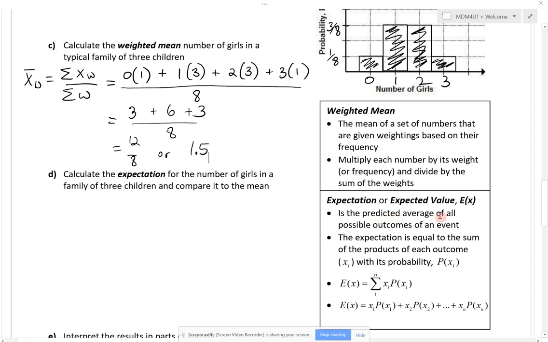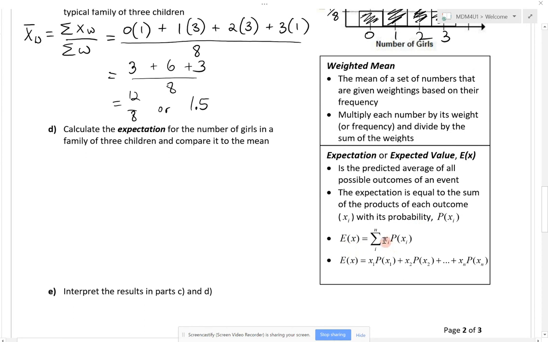This is the predicted average of all possible outcomes of an event, and the expectation is equal to the sum of the products of each outcome, x, with its probability p of x. So we take every single outcome and multiply it by its probability and add them all up.